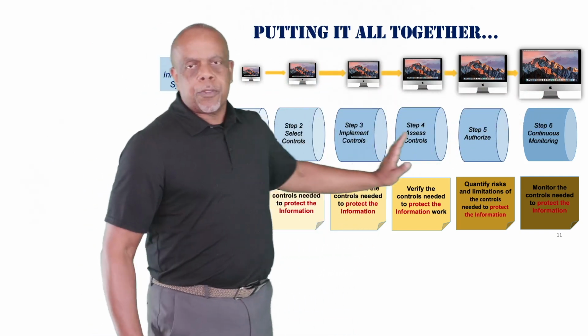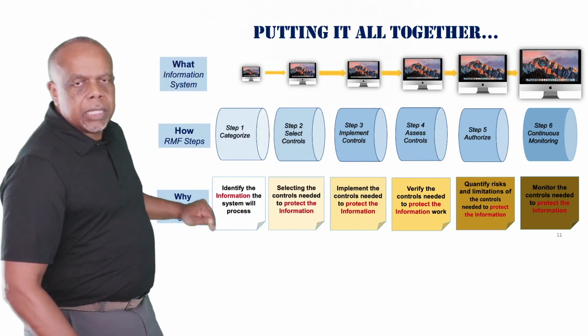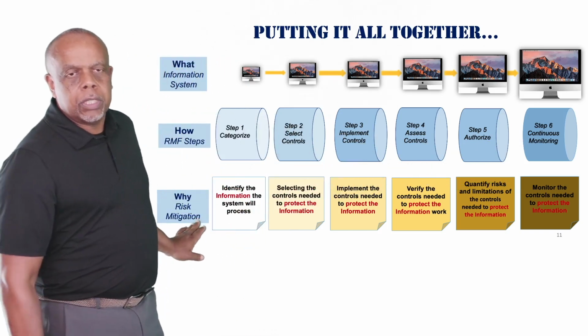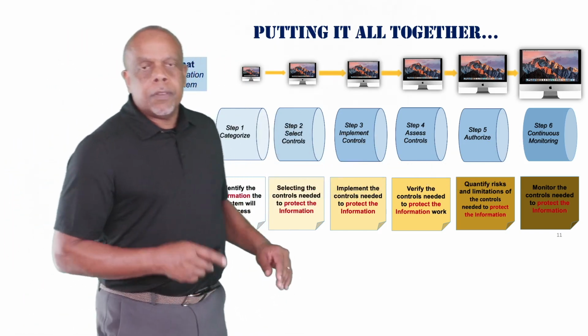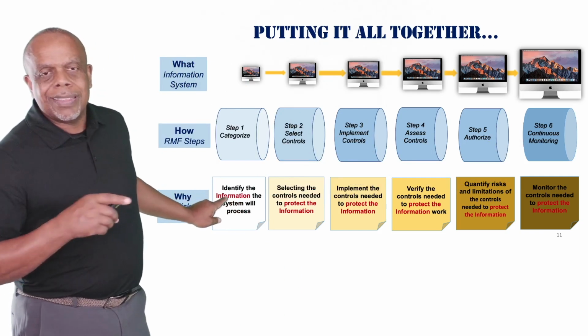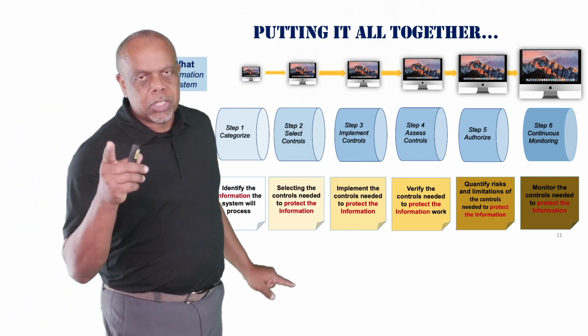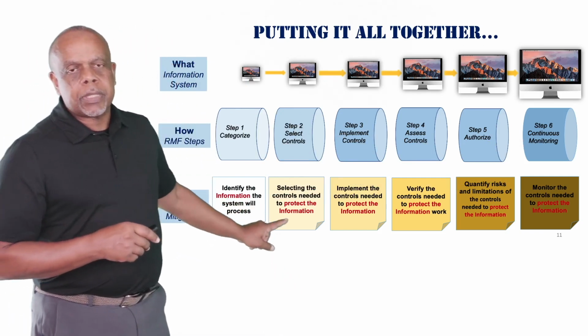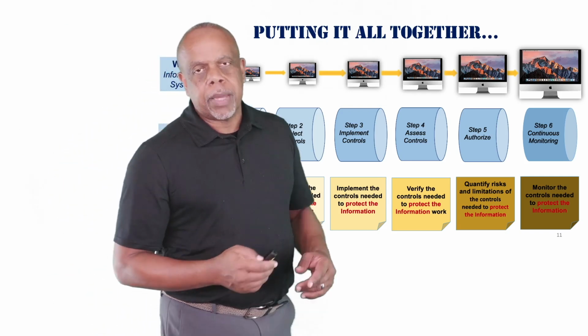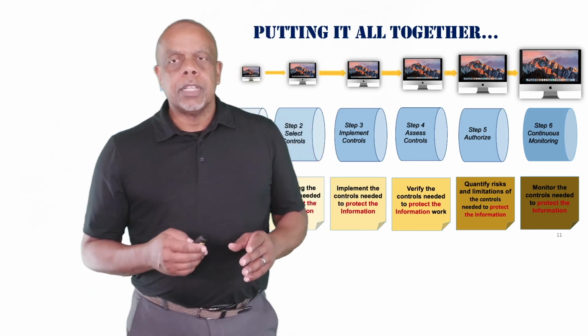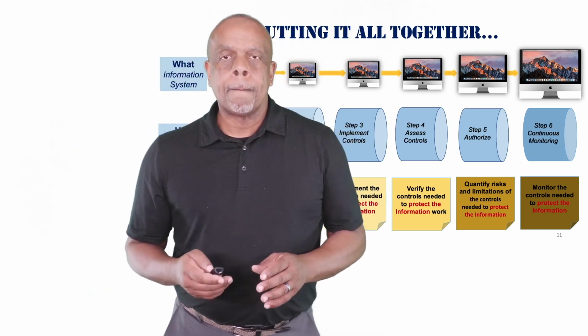Our risk management framework process is laying down the things we need to do to be sure risk is mitigated for the information. We're protecting the information system, yes, but really it's about protecting the user's information. In my case, it's my mom and dad's information that they are going to be processing.